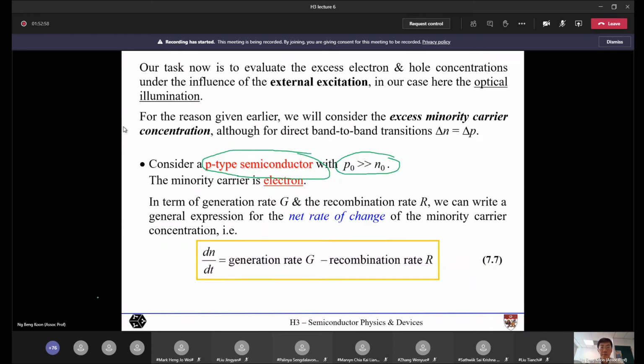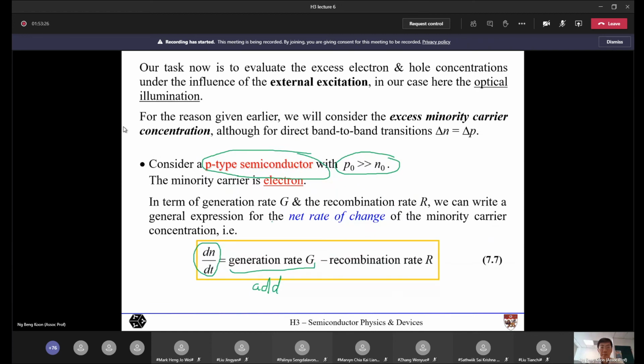Okay, you can write down this rate equation, which describes how n changes with time. So dn/dt, right? How... generation process, right? Okay, so this is the generation process that adds on carriers, that increases the electron concentration.